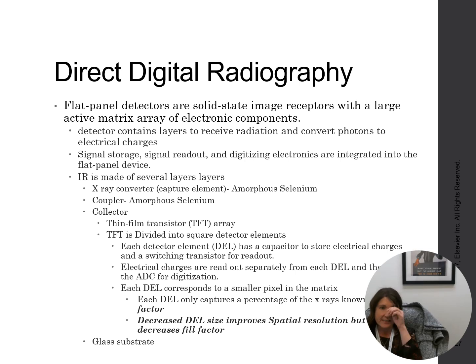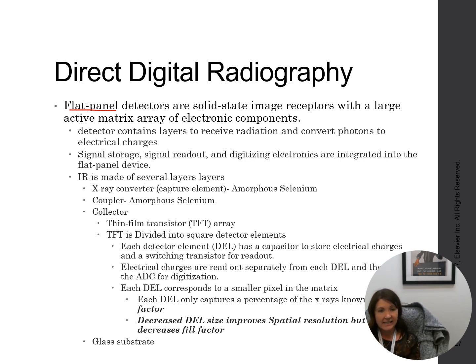So with direct digital radiography, we have flat panel detectors. They're typically referred to as flat panel detectors. These can be used in direct as well as indirect digital. Both of those would be known as flat panel detectors. Now, direct specifically are detectors that are going to take in those photons and convert them right into an electrical charge.